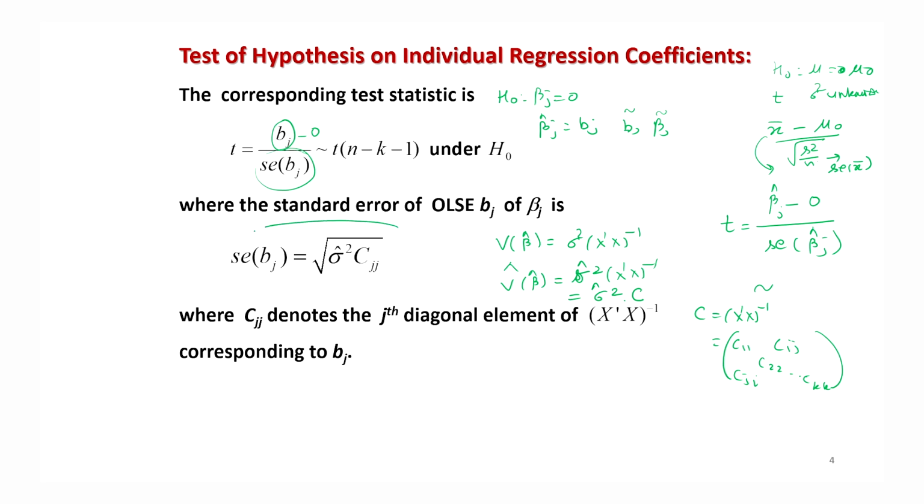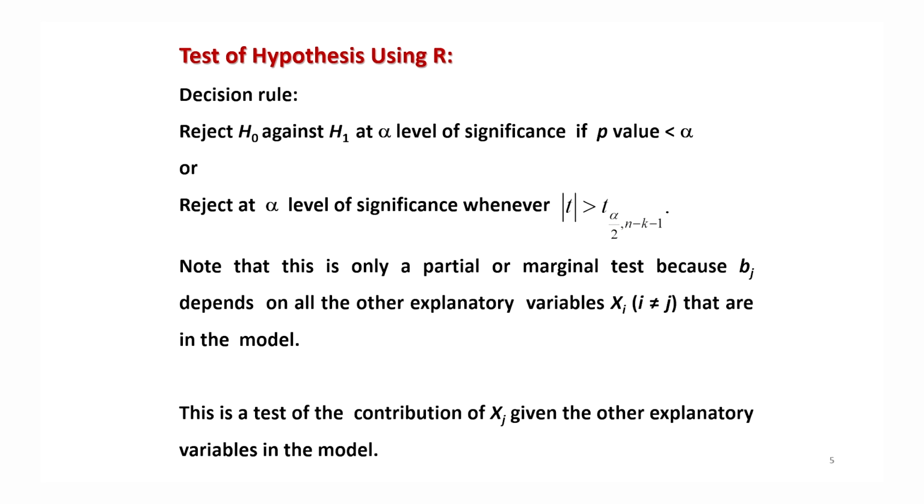So the standard error of the ordinary least square estimator bj is the square root of sigma square hat Cjj, where Cjj is the jth diagonal element of x transpose x whole inverse, corresponding to bj. Right. Well, you are not going to compute this; the R software will give you this value, but it is important for you to understand how R has obtained it. So that is why it is important for us to understand this basic concept first.